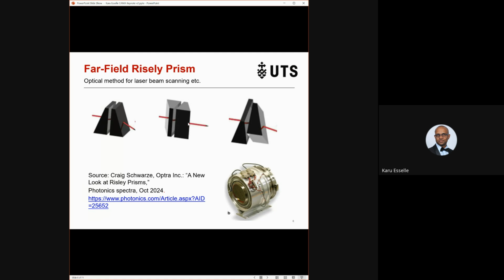If you rotate the second prism without rotating the first prism, then the first one tilts the beam, the other one tilts it back in the backward way. So then you get the straight beam. For any arbitrary rotations between the two, you can steer the beam to any direction within a large cone.